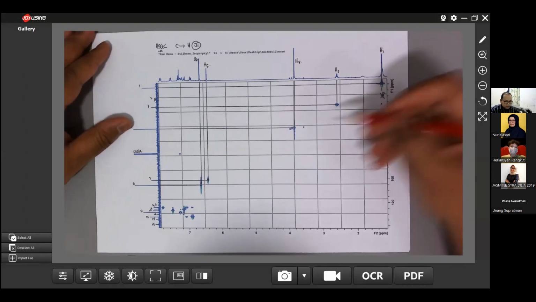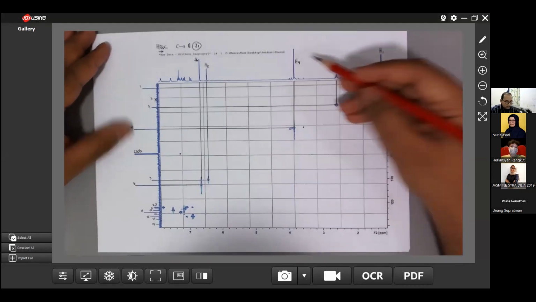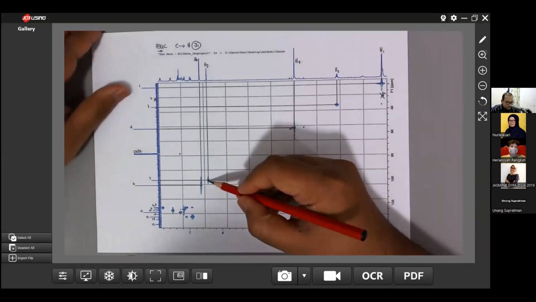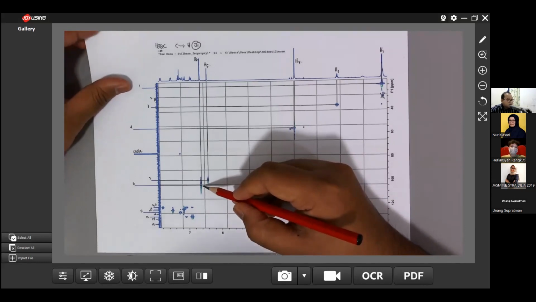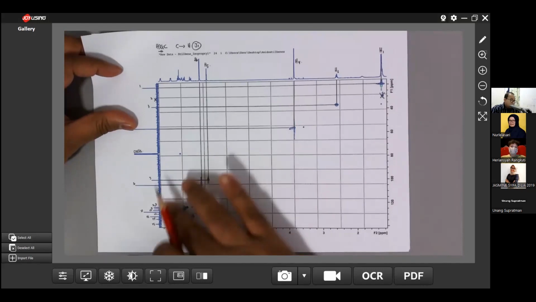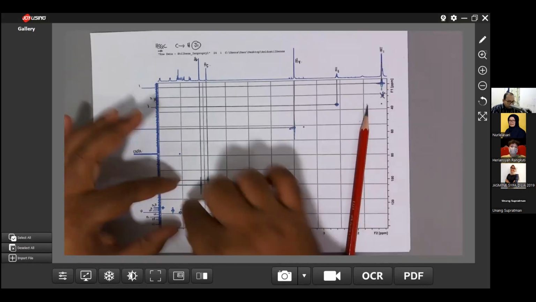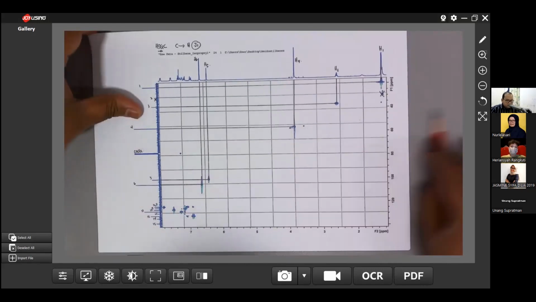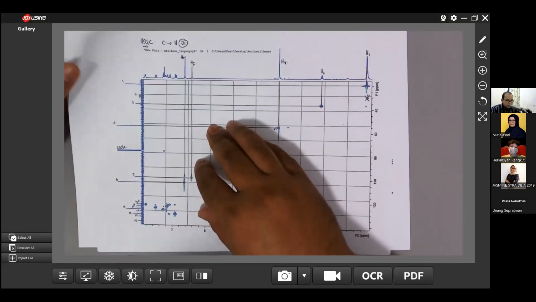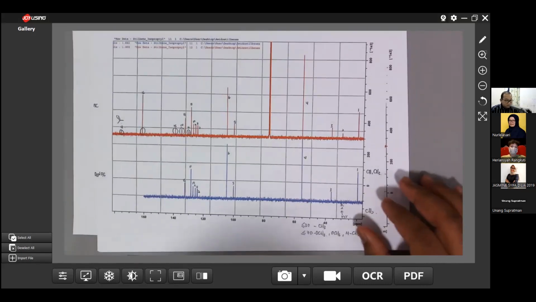This is carbon number 4, and this is carbon numbers 5 and 6. It's very helpful information for the aromatic regions, and this is very challenging, so you have to expand these regions. Expand these regions. Oh, where is it now?